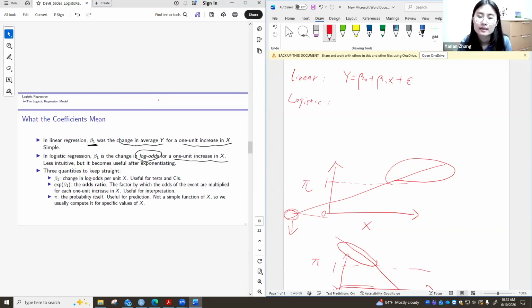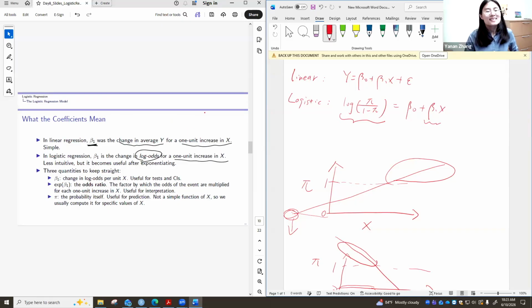We model what? The log odds, right? Log odds as a function of beta 0 plus beta 1 x. So beta 1 actually is: if we increase x by 1 unit, how much does the log odds increase? Right? It's just similar to linear regression, but on a different scale, on the log odds scale.